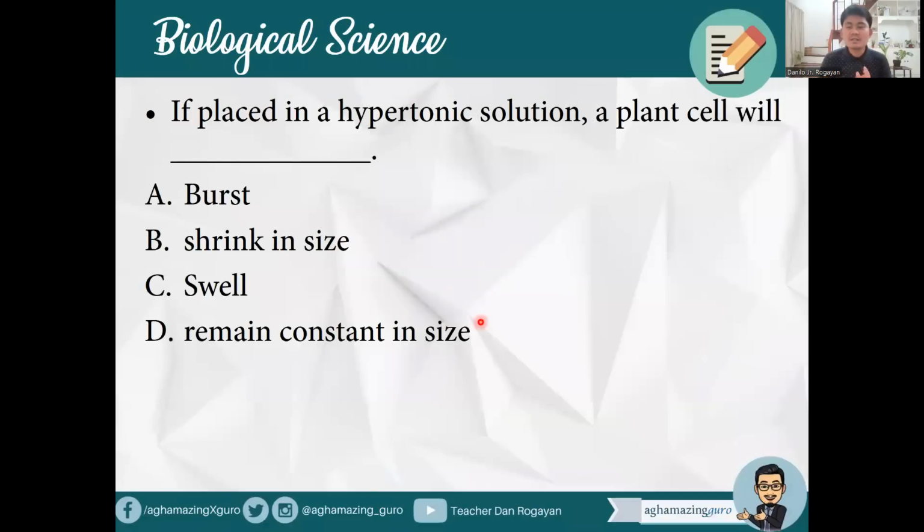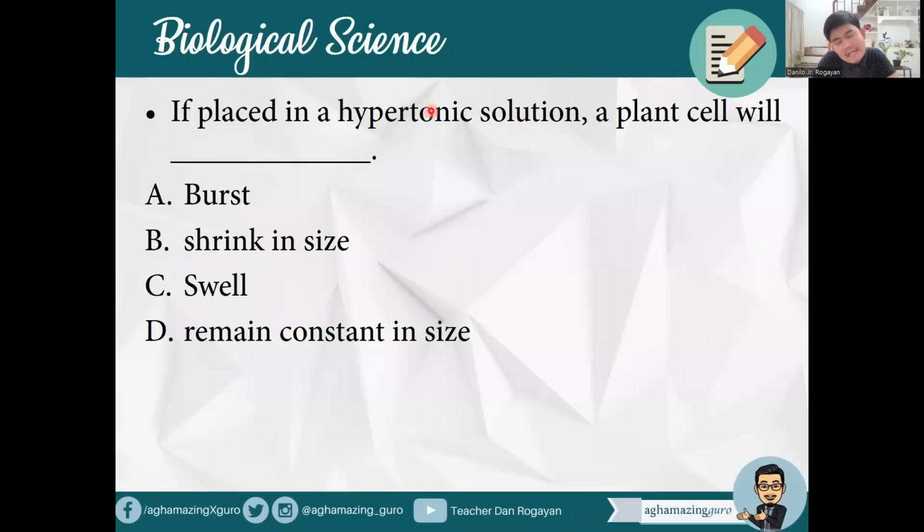If placed in a hypertonic solution, a plant cell will A, burst. B, shrink in size. C, swell. D, remain constant in size. Okay. So ano? Of course, pag hypertonic, no?